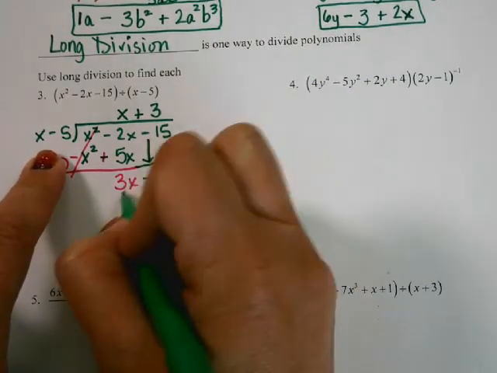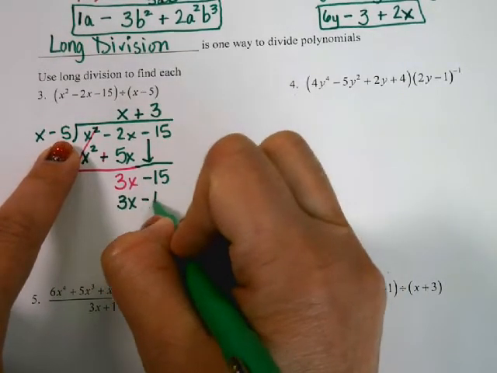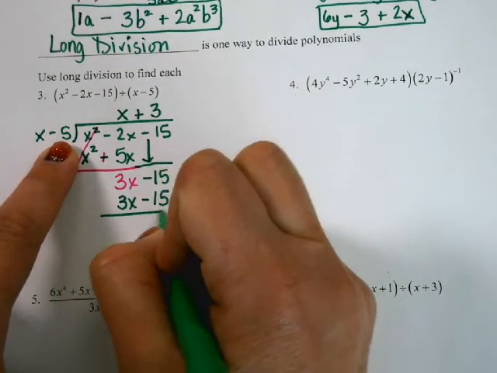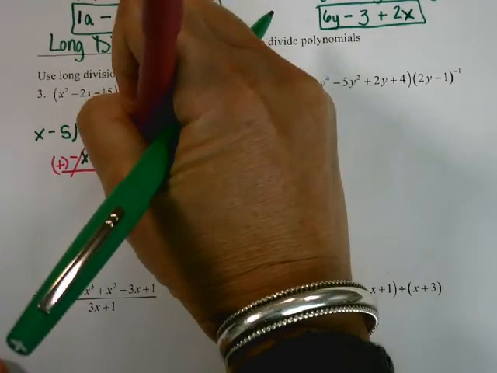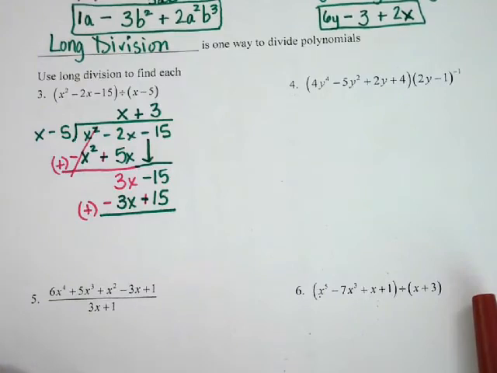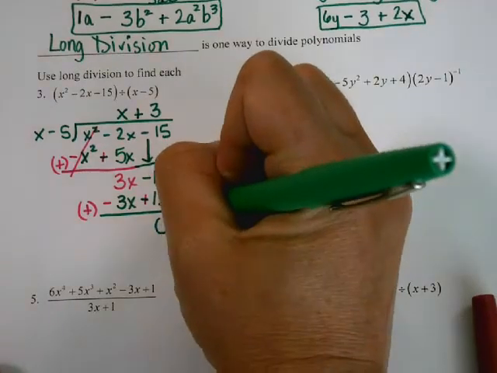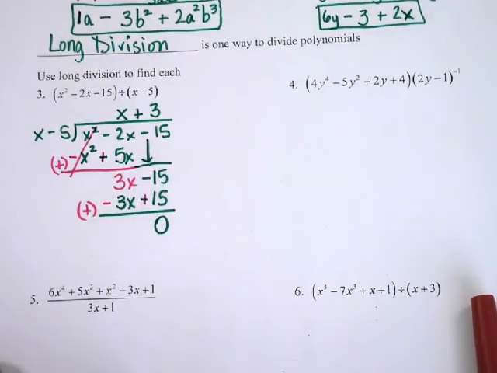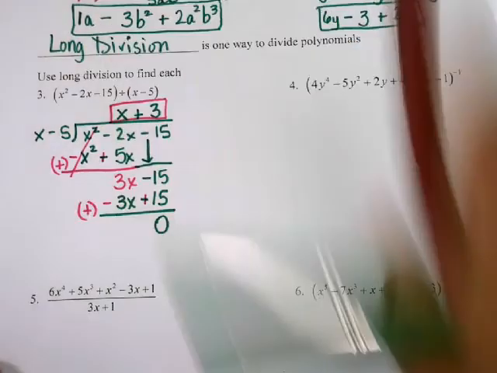Okay, so 3 times x is 3x. 3 times the negative 5 is negative 15. And don't subtract. Flip, flip, and add. What happened to this guy? 0. We got a 0 remainder, right? That means it went in very nicely and evenly. So this guy right here is my solution.